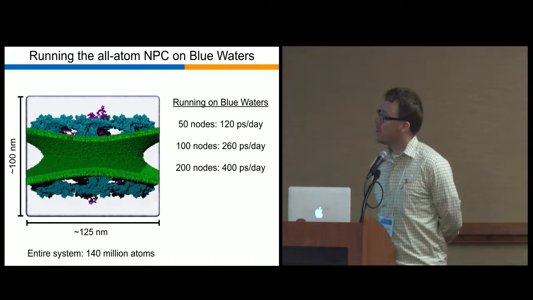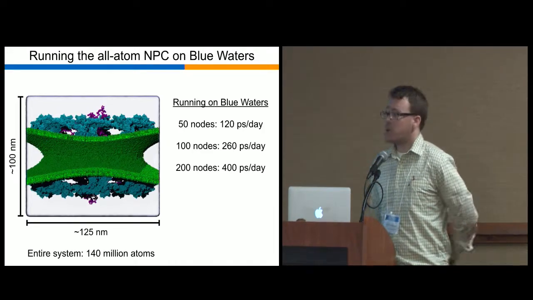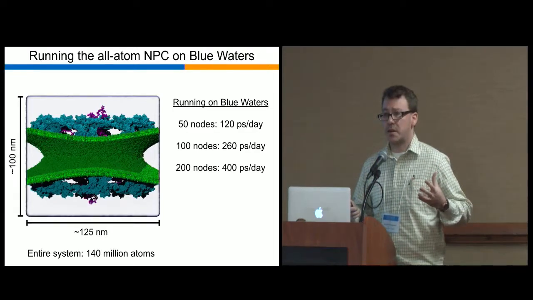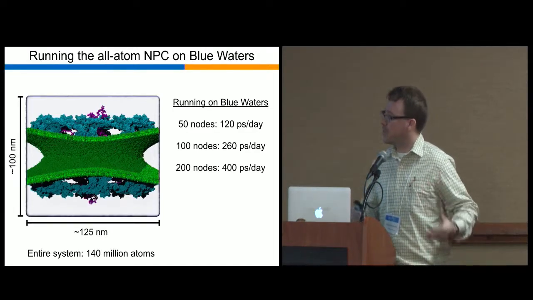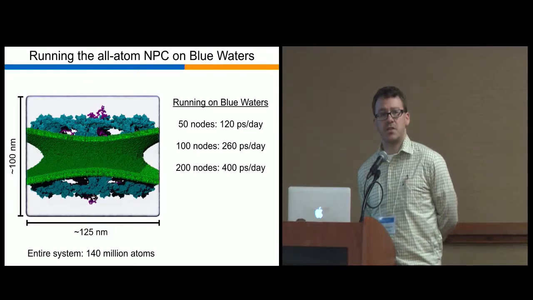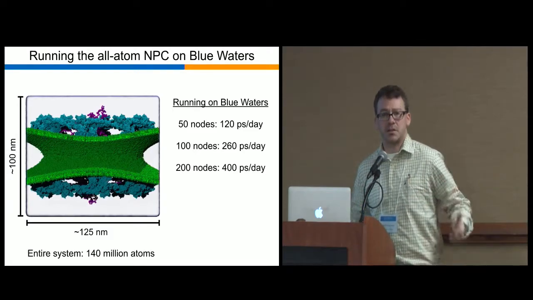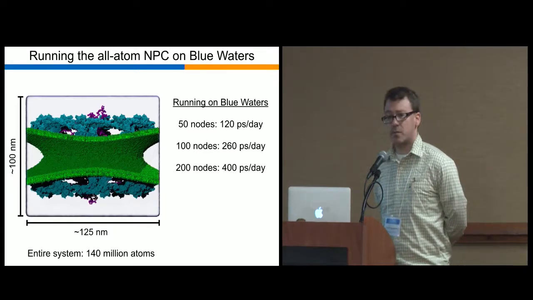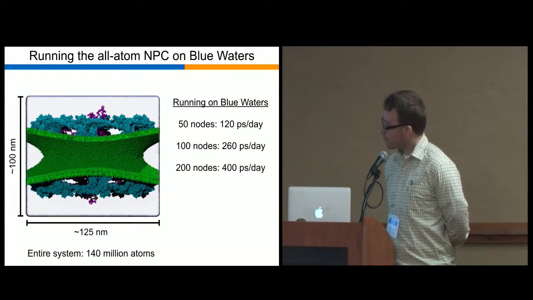Ultimately, what we've been able to do just recently is to build the entire thing and run it on Blue Waters. It's about 140 million atoms in total. This is starting to push the limits of what's possible with NAMD, although in theory you can get quite a bit larger.